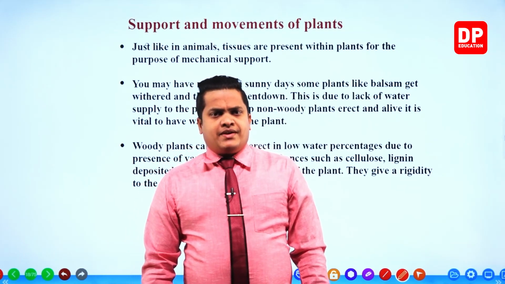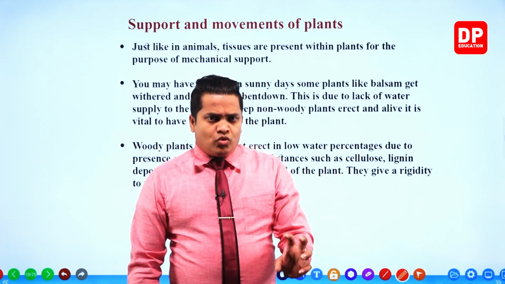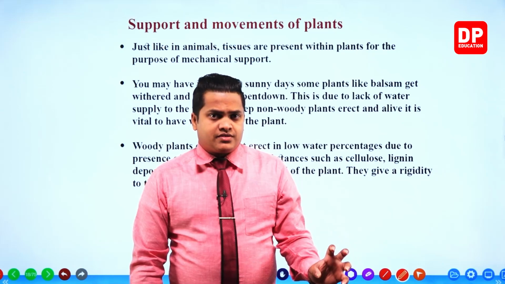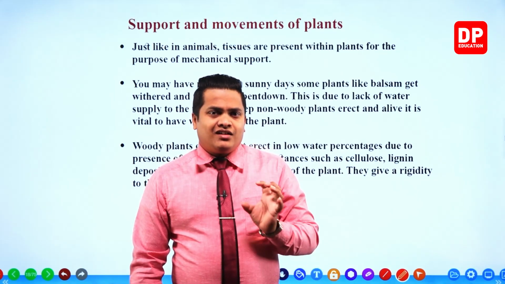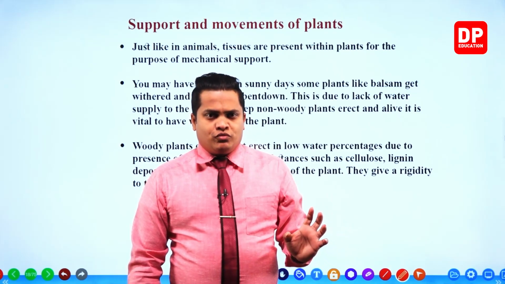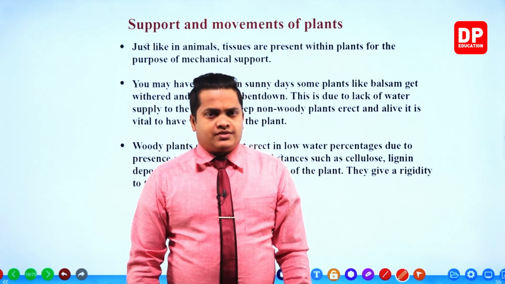So in the same way, my dear children, to keep the plant rigid and for the movements of plants, right? Actually, here a part of a plant is going to move, or a part of a plant is going to show motions.